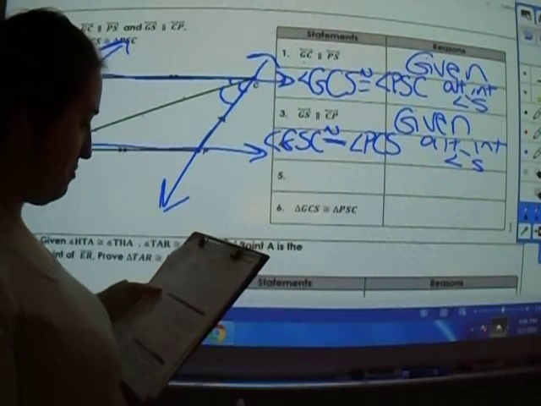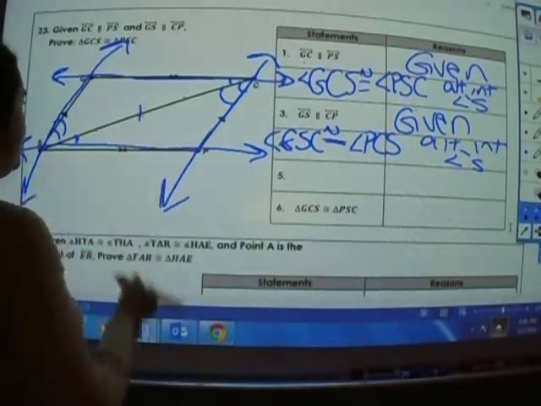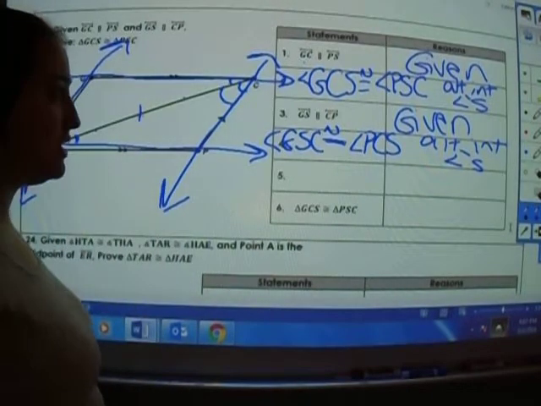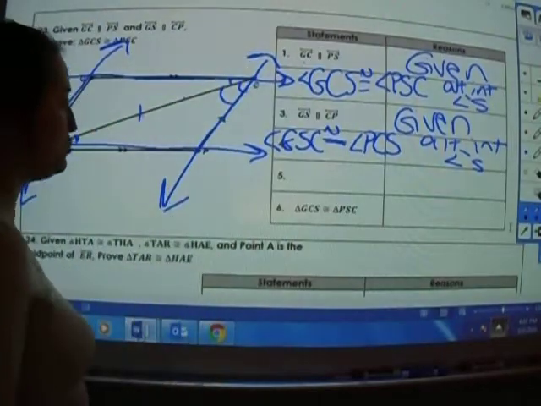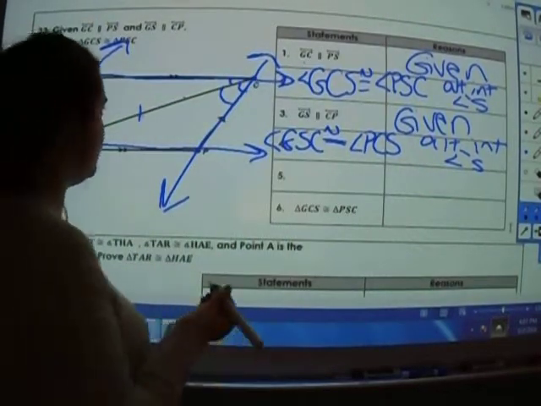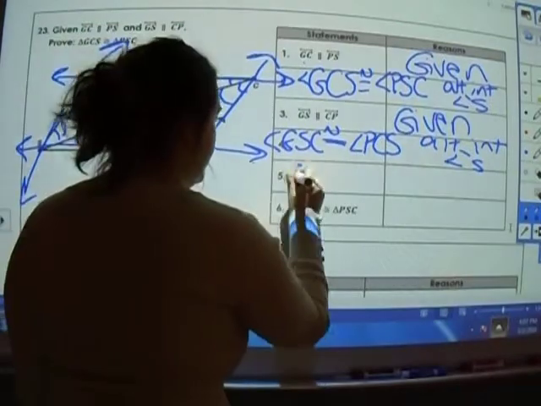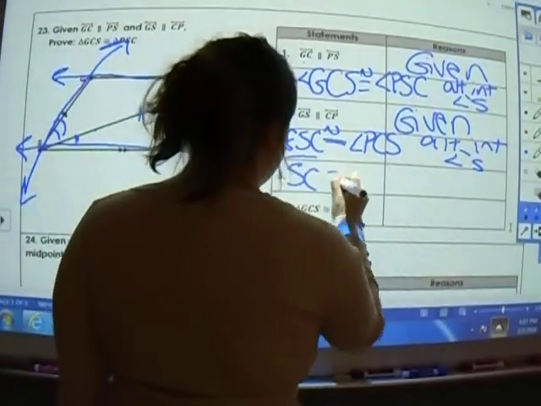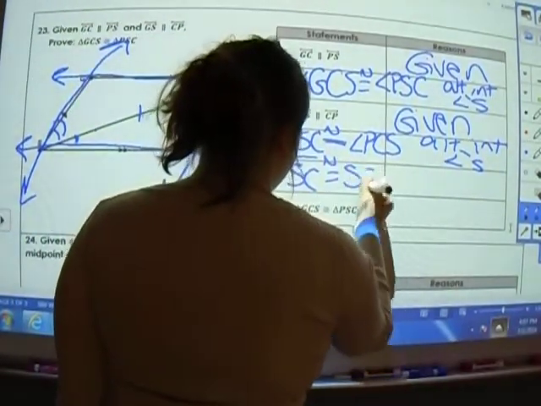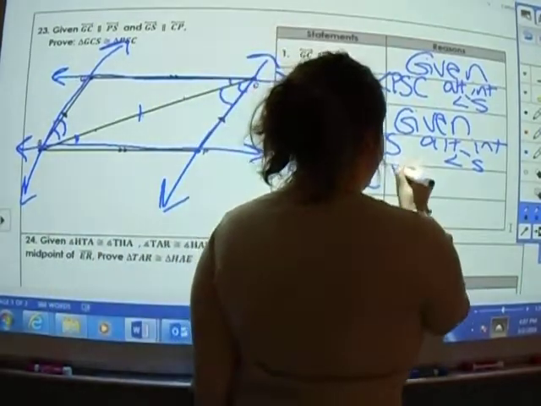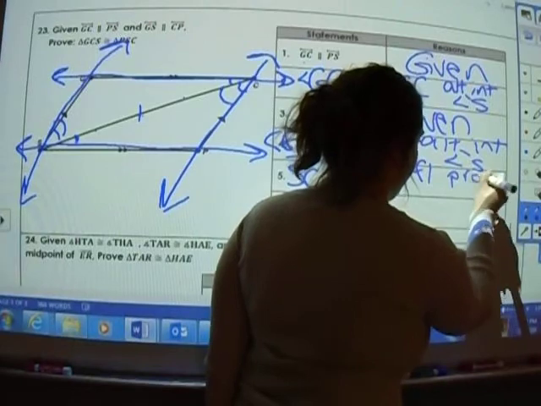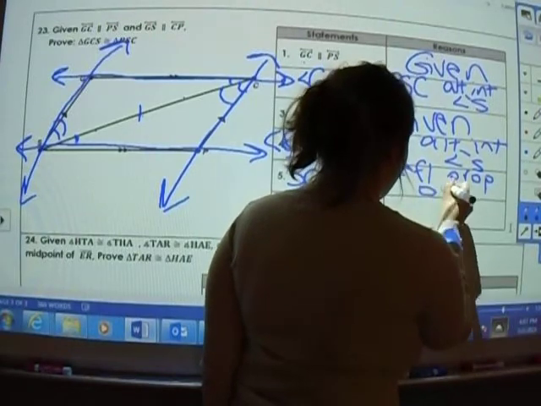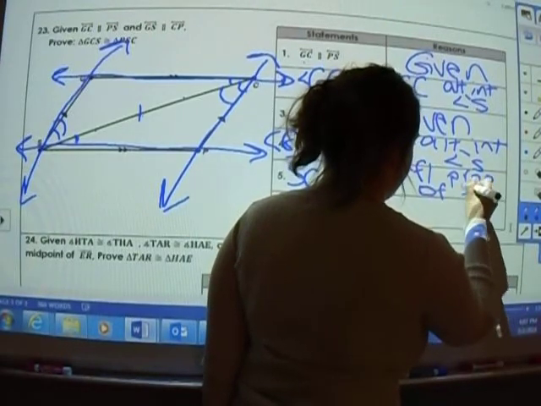So now for number 5, we can go ahead and say that this is equal to itself, right? Because it's a line that goes for both triangles, and obviously it's equal to itself. So that's SC is congruent to itself, SC. And this is the reflexive property of congruence.